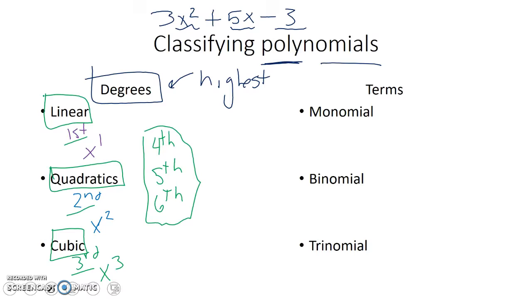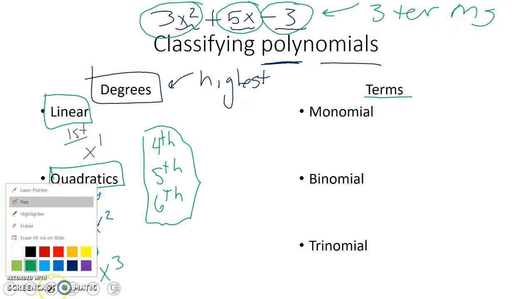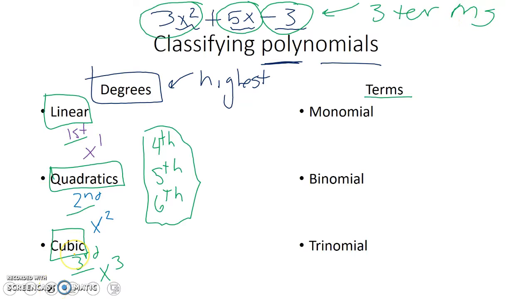Now there's another way to term this, which is by the number of terms it has. And a term is either a number or a number and a variable. So this thing up here would have 3 terms. Again, for the first 3, we have special names. A monomial is a 1-term thing, so maybe like 3x.